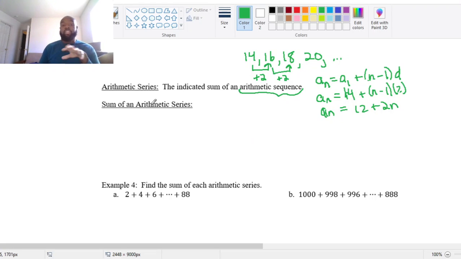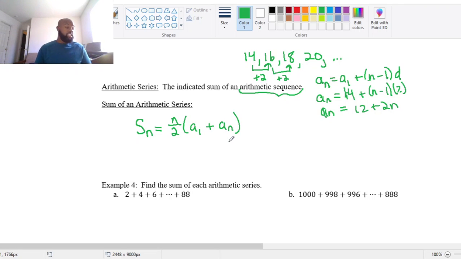Well, if we wanted to calculate the sum of any arithmetic series, then what we can do is use this formula here, which is S sub n, the sum of n terms of that arithmetic sequence, equals n over 2 times a1 plus a sub n.